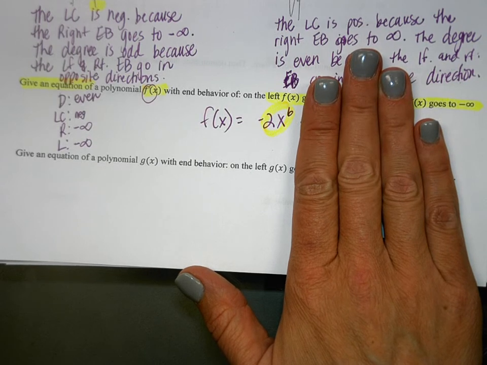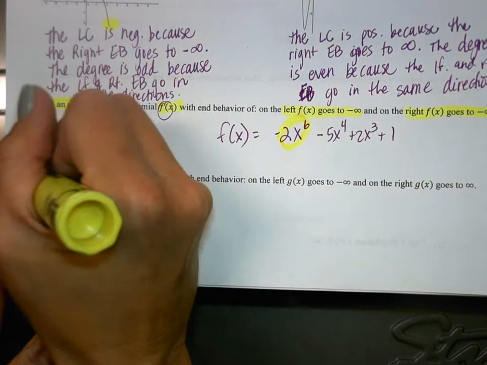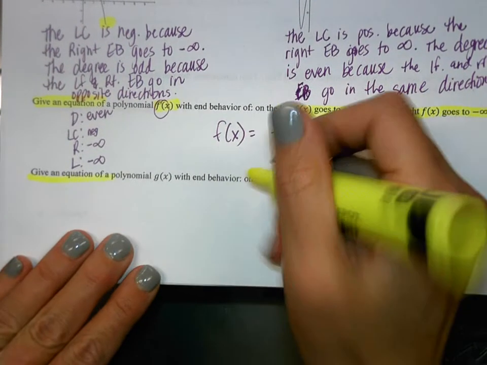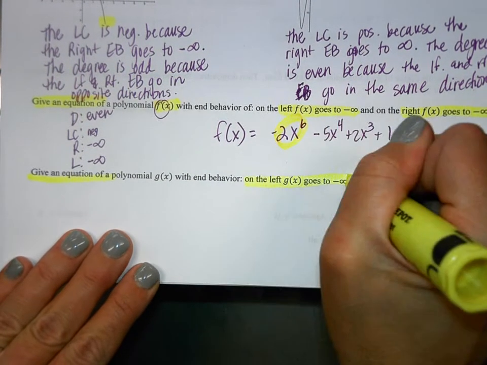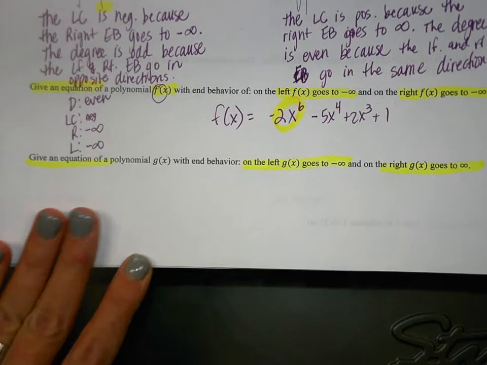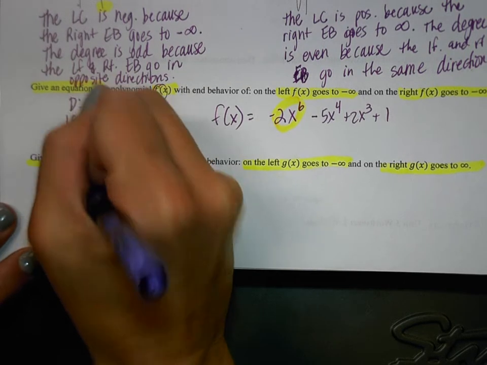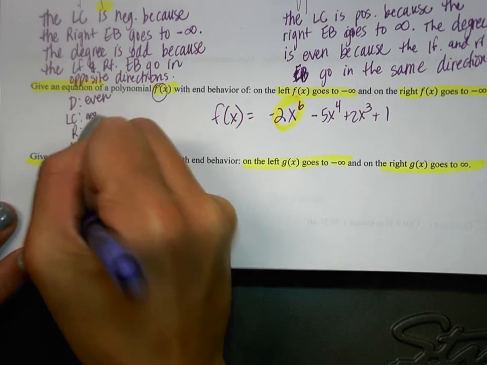Okay, next one says, give an equation of a polynomial with end behavior. On the left side, g of x goes to negative infinity, and on the right side, g of x goes to positive infinity. Okay, so again, I would write everything out. We have our degree, our lead coefficient, our right end behavior, and our left end behavior.